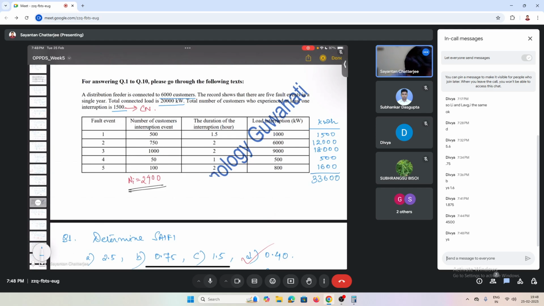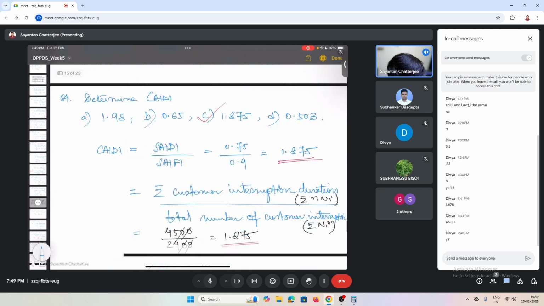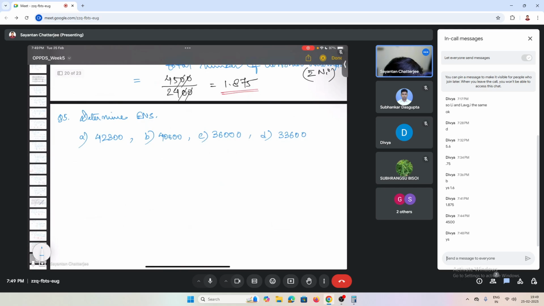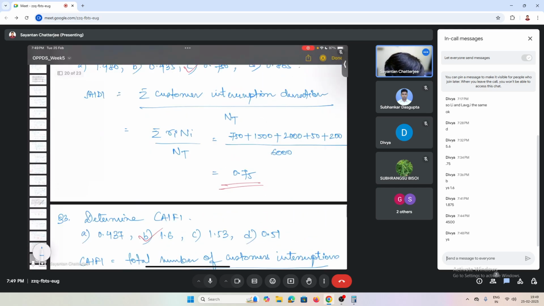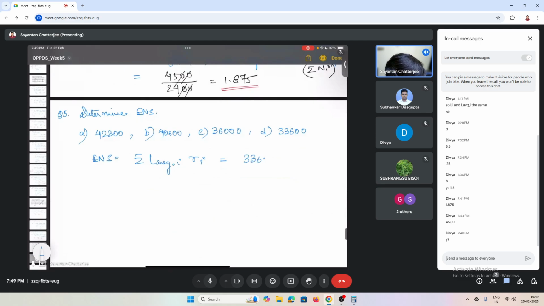Okay, fine. So this is the ENS, the total kilowatt hour. It will be L average into duration. ENS is equal to L average for the ith instance multiplied by the duration. When we sum all these as we have done here, it's coming to 33600. So the answer is 33600.